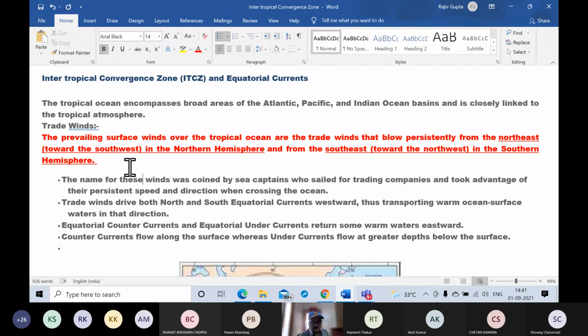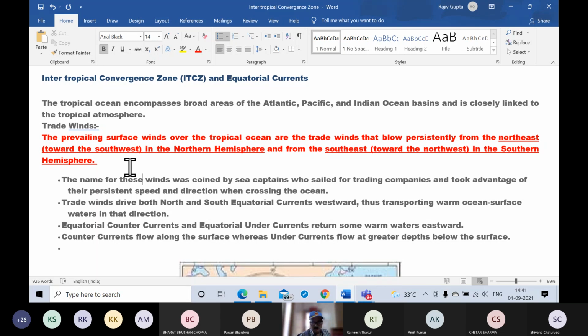In olden times the trade winds were used for advantage, for speed. But while they are blowing, the trade winds drive the north and south equatorial currents westwards.